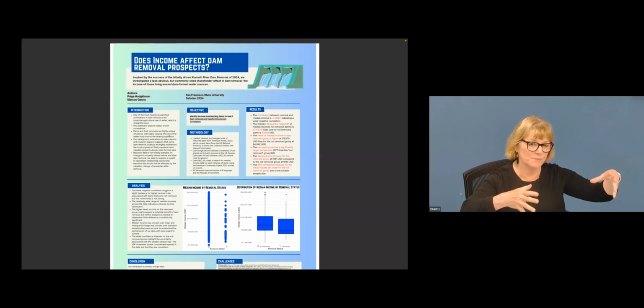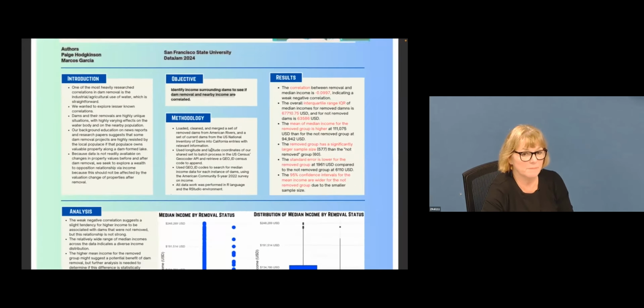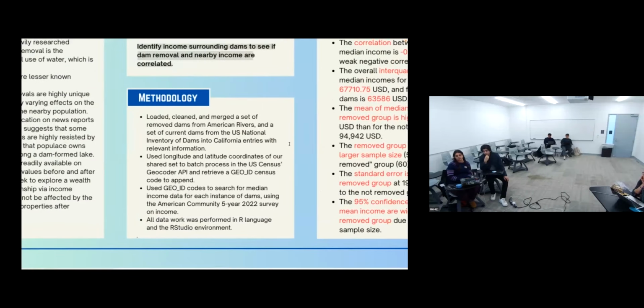I also wondered what you called the vicinity of the dam. Was it just the zip code that the dam was in? And were there dams that had multiple zip codes abutting up to them? That's a good question. We did just a single zip code. Originally the longitude and latitude coordinates gave us a geo ID, so it's actually not a zip, it's a specific census code designation. I don't believe that's the same as a zip code.